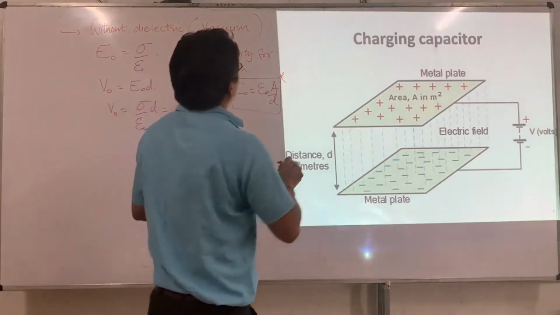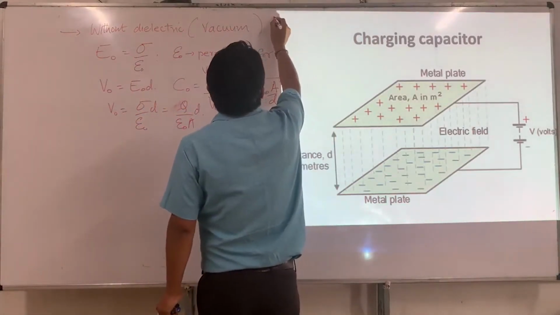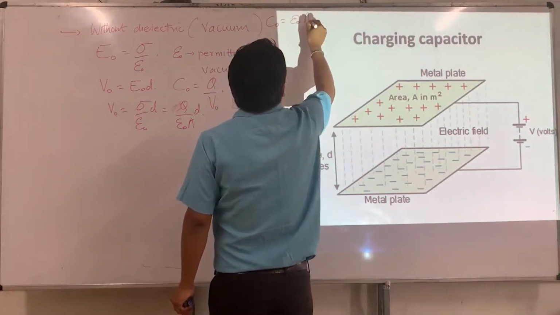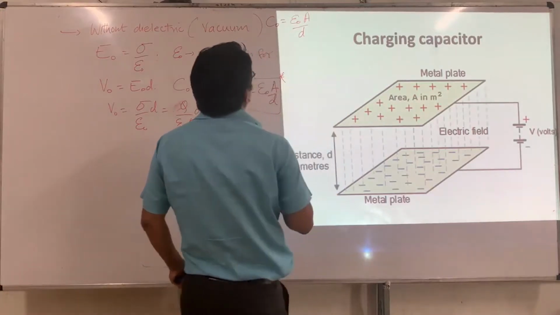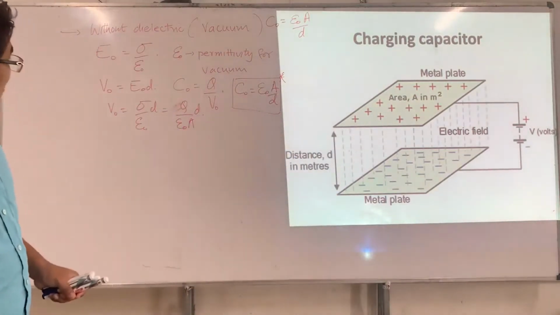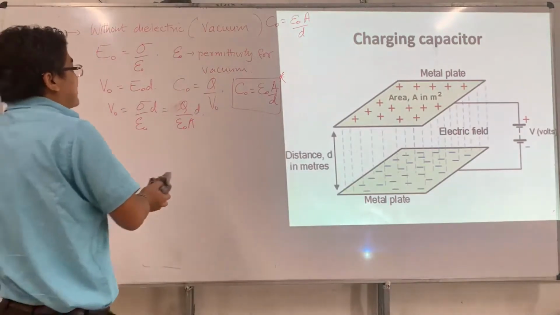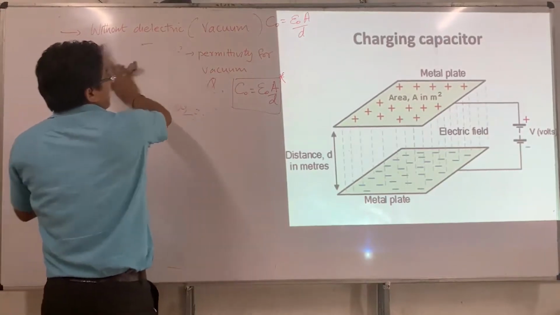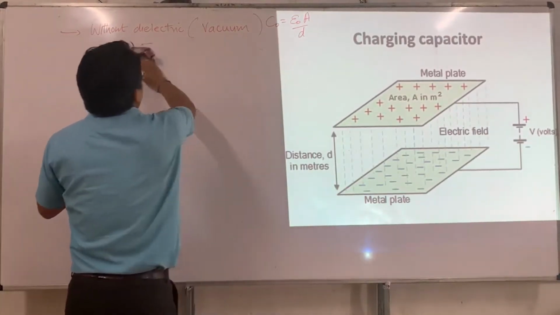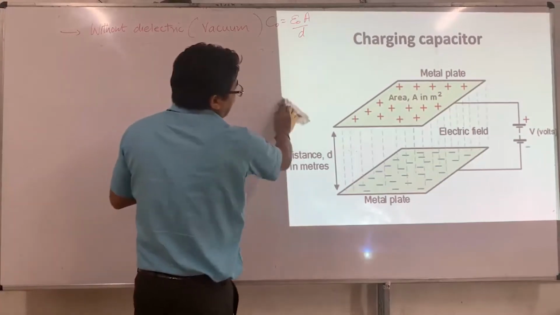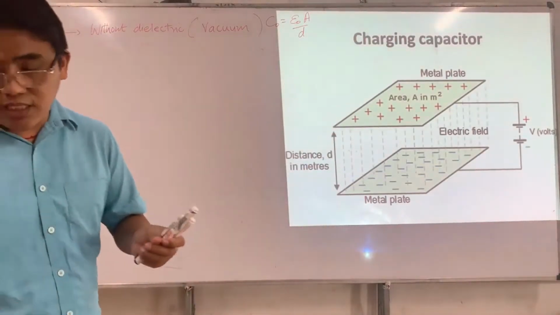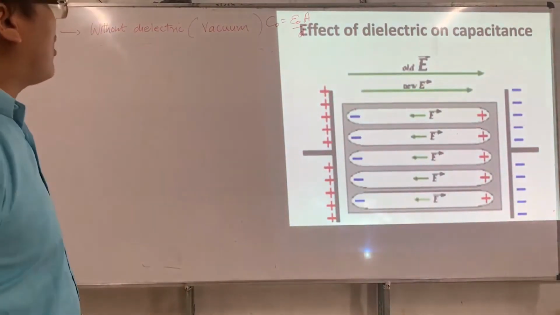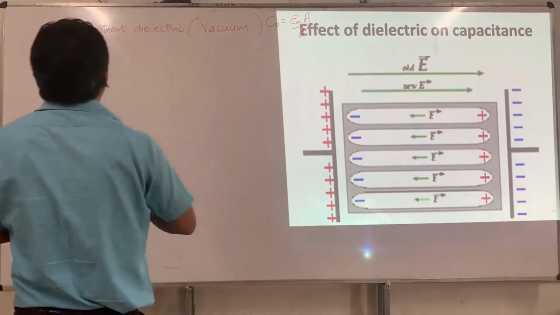So I'm going to write at the top, without dielectric, C naught equals epsilon naught A by d. Now I'm going to insert a dielectric, where the size of the dielectric is exactly equal to the distance between the two plates.